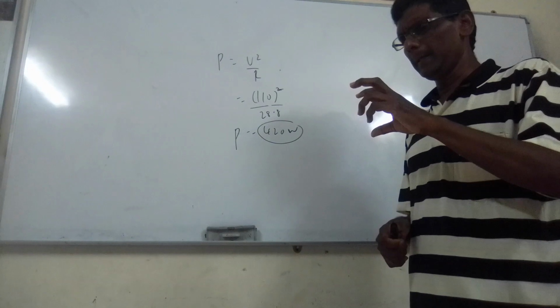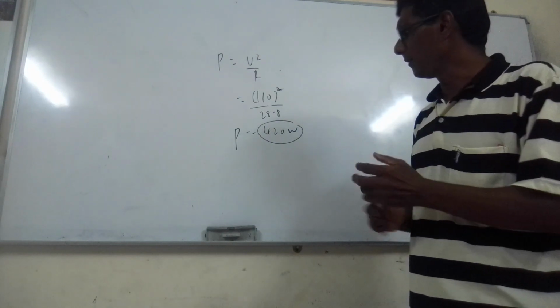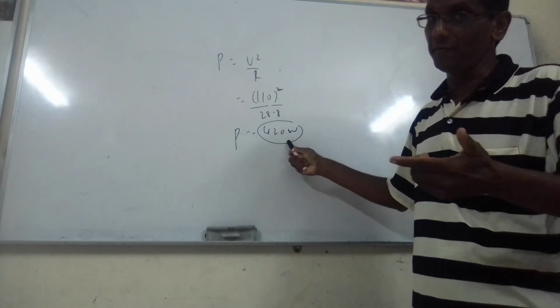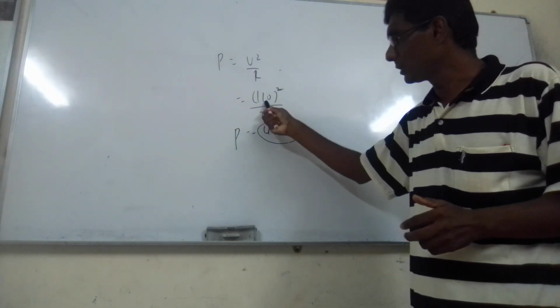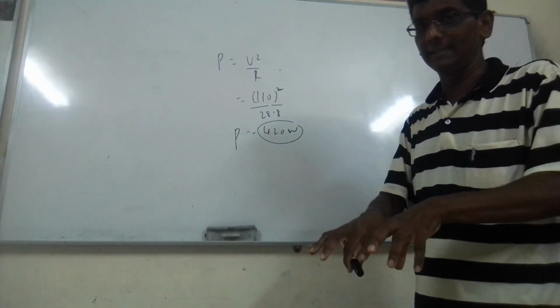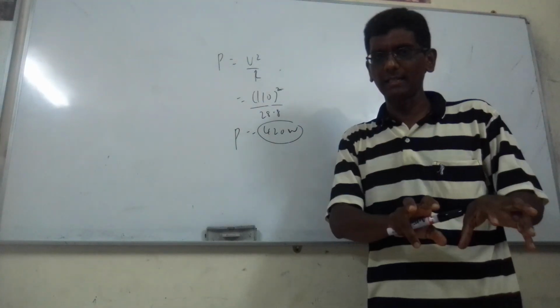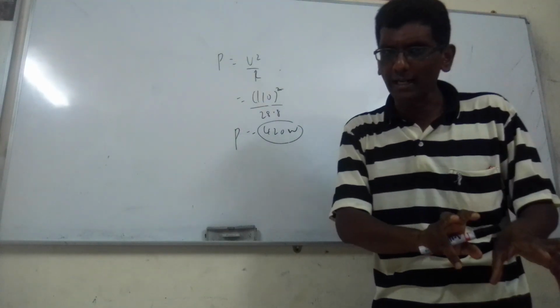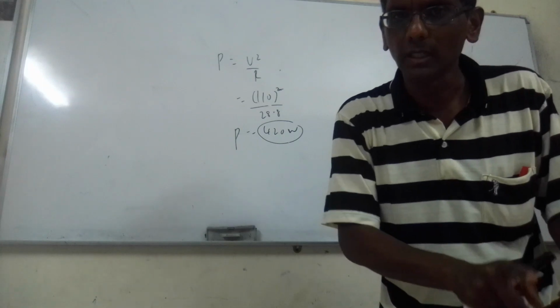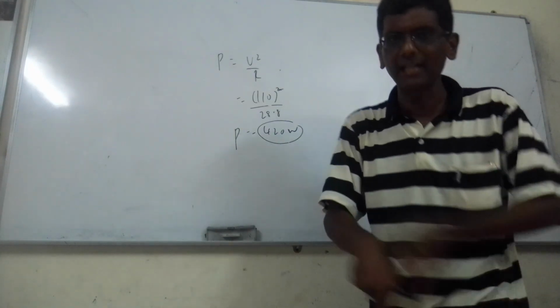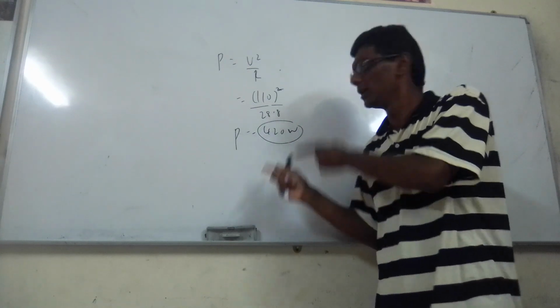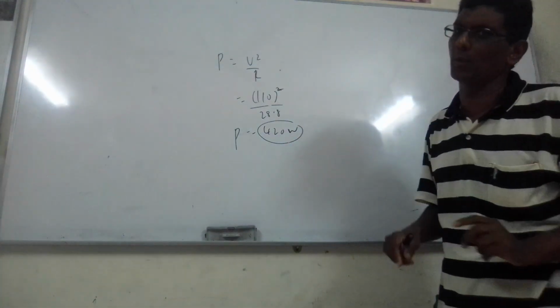If 420 watt, what is the benefit? Suppose the same heater, which should be connected to 240 volt, is connected to 110 volt. Then the power is reduced to 420 watt.